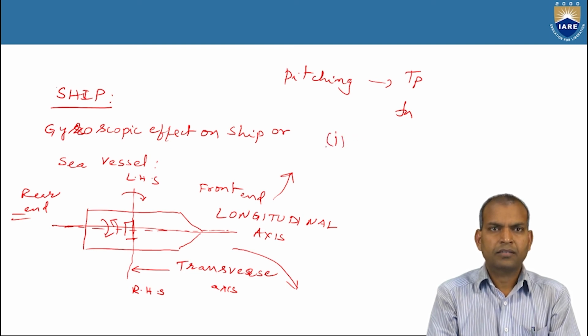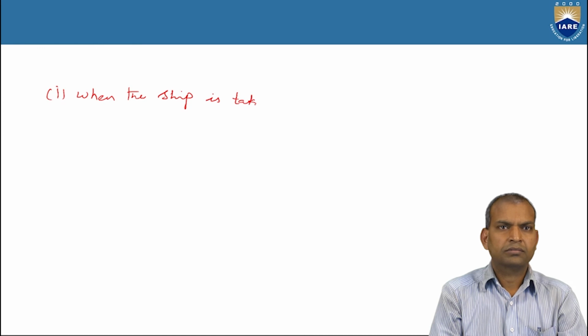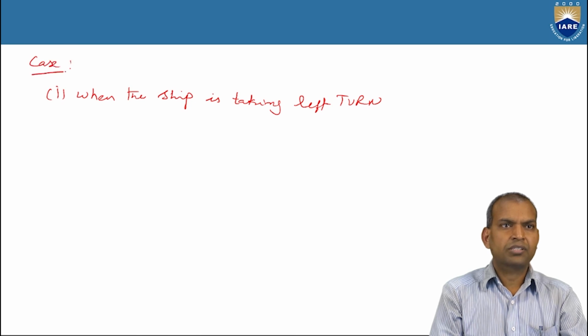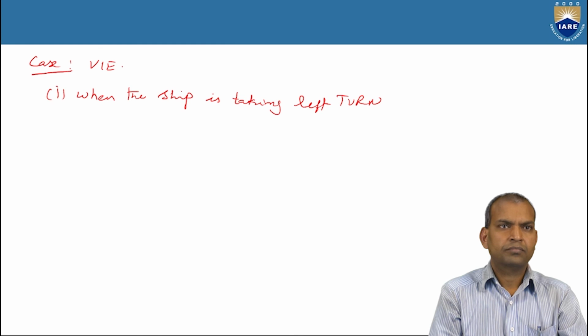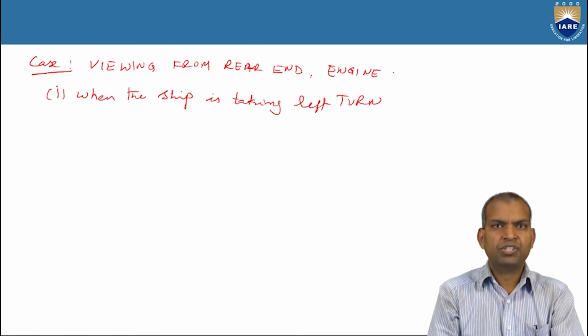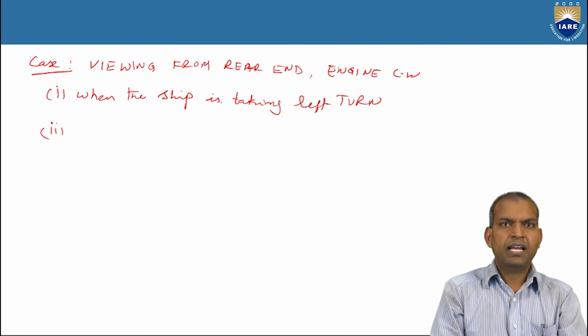When the ship is taking a left turn, provided we are viewing from the rear end, the propeller is rotating, the engine is rotating, the engine direction is clockwise.